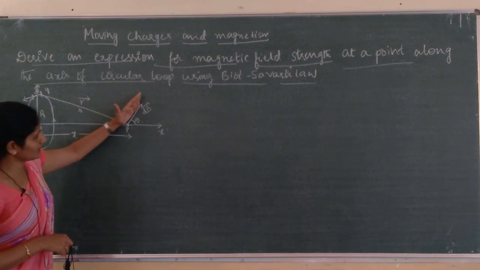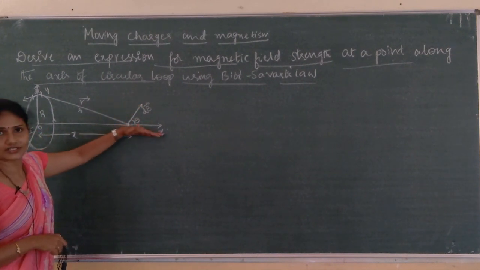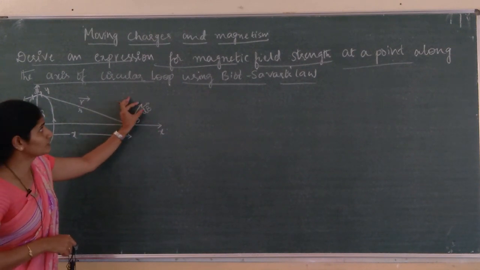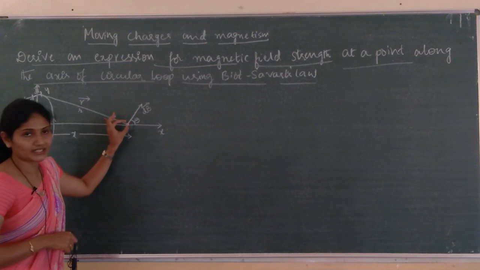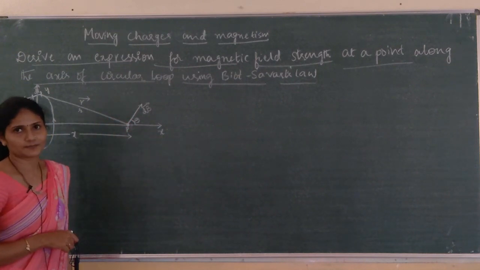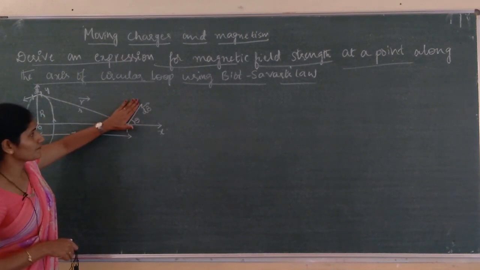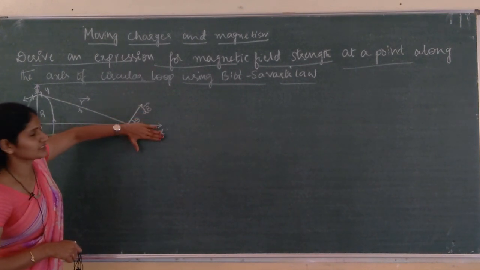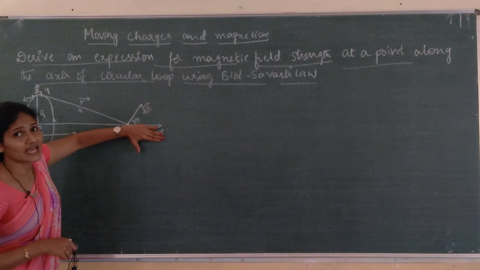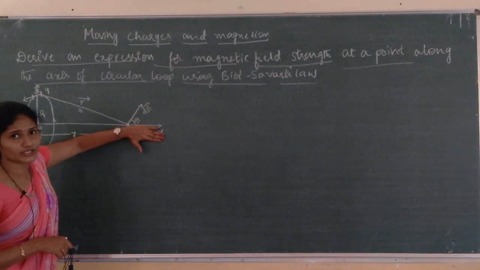Since it is making some angle theta with the horizontal, we have to resolve this dB vector into its components, right? We know that if a vector is parallel to the x axis, then it has only an x component and its y component is 0.